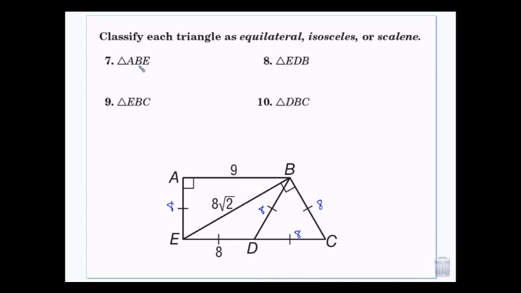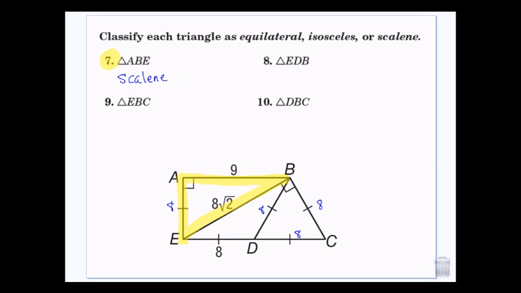Okay, now let's look at ABE. That's this triangle. Let's highlight it. So 7 is ABE. That's this triangle right here. None of the legs are the same length, so it's scalene. Okay.